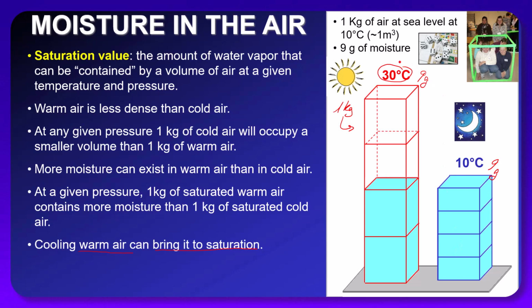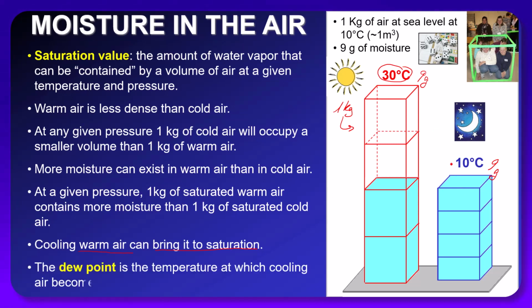So cooling air can bring it to saturation. Cooling unsaturated air can bring it to saturation. And the dew point is the temperature at which cooling air becomes saturated. So in this example, 10 degrees Celsius is the dew point temperature, which is shown with an uppercase T and a lowercase d next to it.